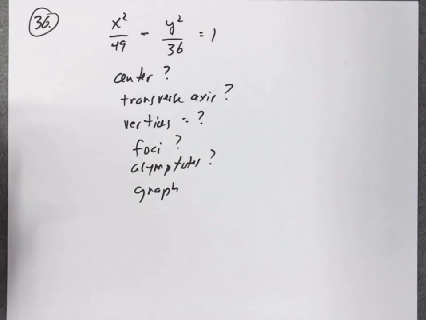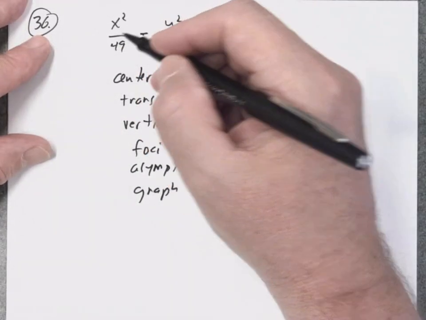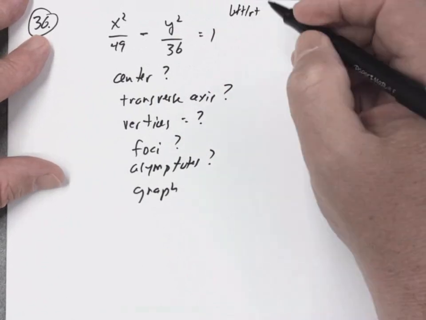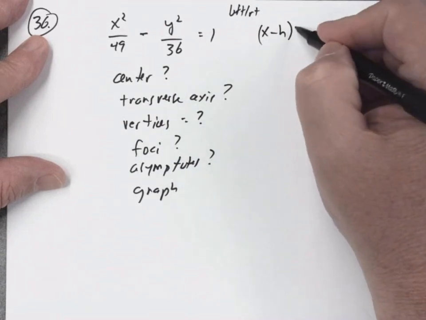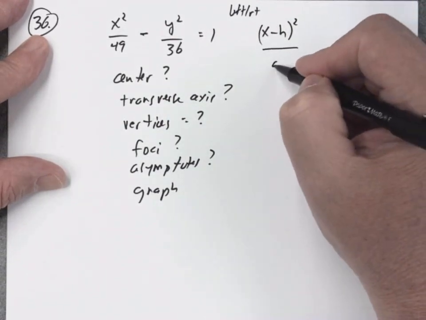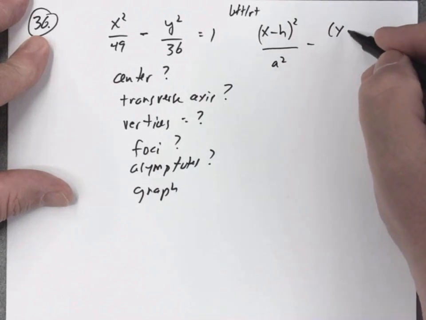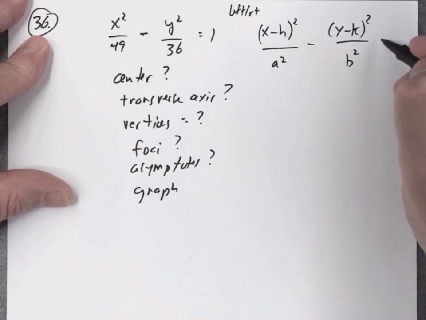The standard equation, since the x is positive, this is going to be a left or right hyperbola. Standard equation is x minus h quantity squared over a squared minus y minus k quantity squared over b squared equals 1.